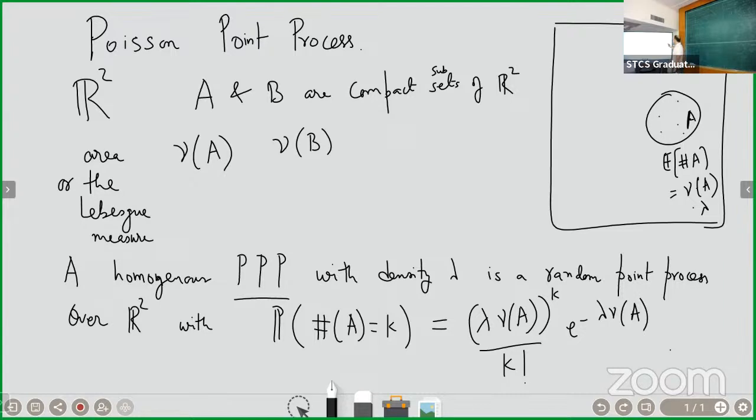Everything here is random, so the expected number of points in A is lambda times nu(A). It is also saying that the number of points falling here is Poisson distributed with that mean. That's all it's in addition saying.